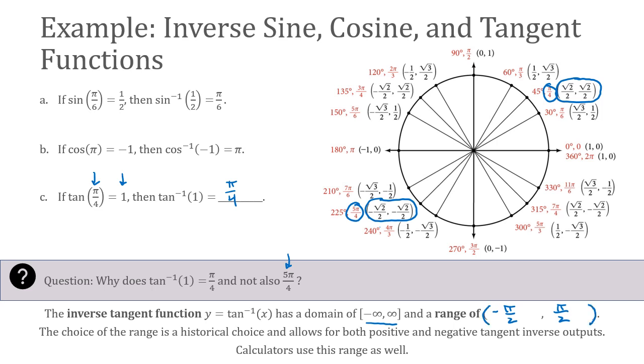And that's because we saw in earlier sections that at pi over 2 and negative pi over 2 for the tangent function, we have undefined outputs. That's where we see the vertical asymptotes. So we can't include those values. This is a historical choice. It allows us to see both positive and negative tangent inverse outputs, and it is what calculators use. And we'll go to the calculator in just a minute so that you can actually see that.